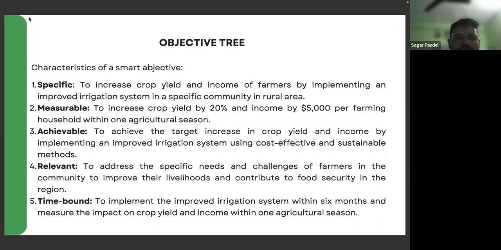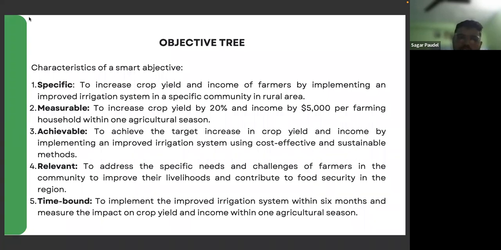Here in the example, to increase the crop yield and income of the farmers by implementing an improved irrigation system. So this is specific. Through the improved irrigation system, we are working to increase the crop yield. And measurable, to increase the crop yield by 20%. It is measurable because we have mentioned some data here. And income by 5,000, we can measure those through a survey.